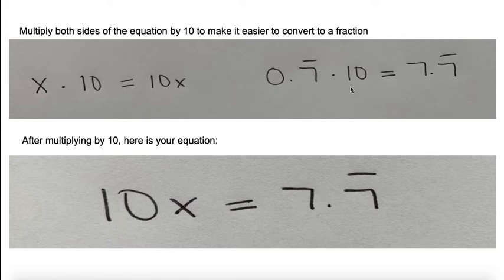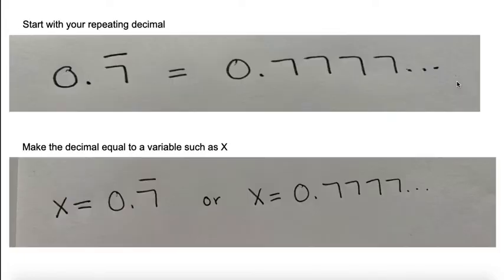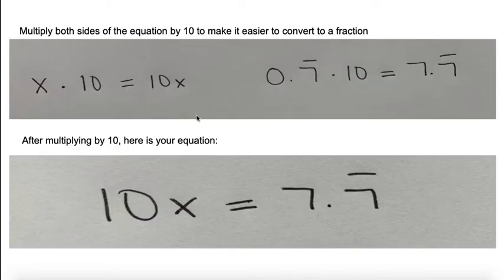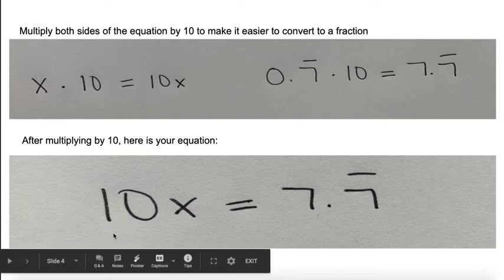So 0.7 repeating times 10 equals 7.7 repeating, because when we multiply by 10, or any power of 10, we move the decimal point. When we multiply by a positive 10, we are moving the decimal point one place to the right. So it would then become 7.7777, or 7.7 repeating, which is what we have here. So after multiplying by 10, I have my equation.